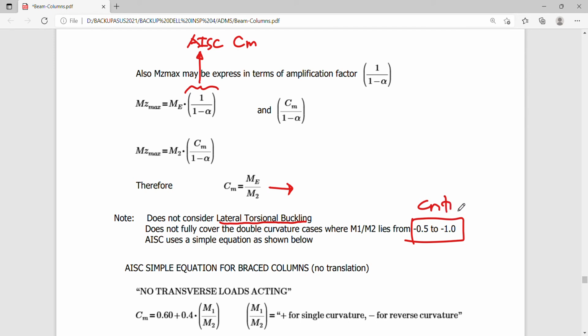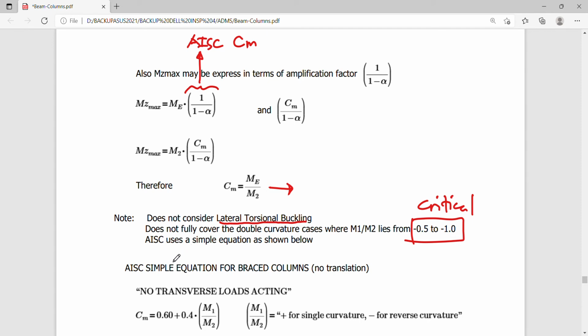Okay, so it gives you a value which is not within the range of what we'd like to obtain from the value of Cm.